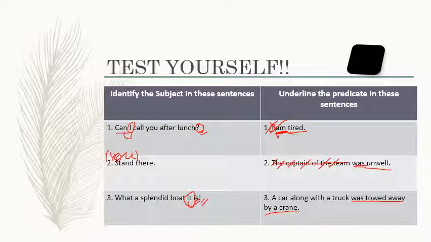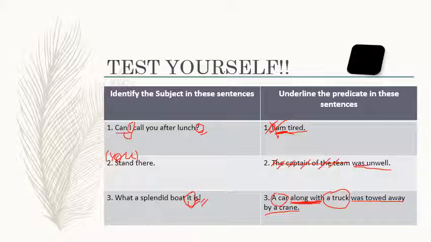And in a car along with a truck, sometimes what happens is a sentence consists of two subjects, here a car and a truck. These are two different subjects and they are generally joined by conjunctions. So where is the conjunction? Along with. So this is not a verb, rather it is a conjunction.